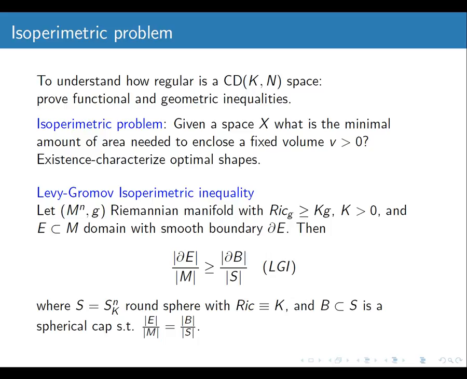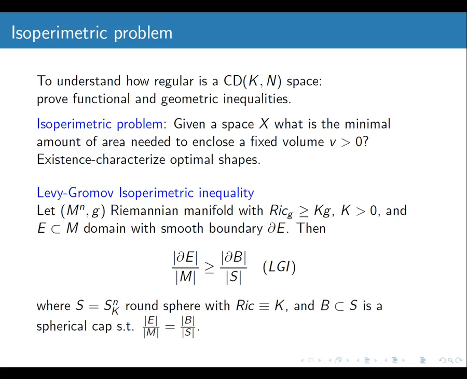This is the well-known Levy-Gromov isoperimetric inequality, and you see that essentially it states that the isoperimetry is stronger in spaces with Ricci greater than K with respect to the sphere.